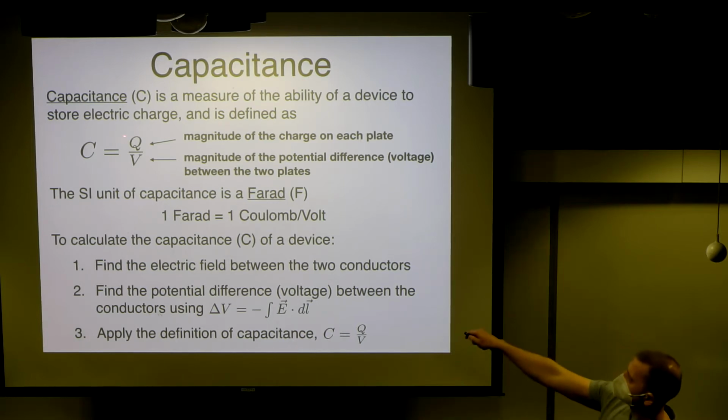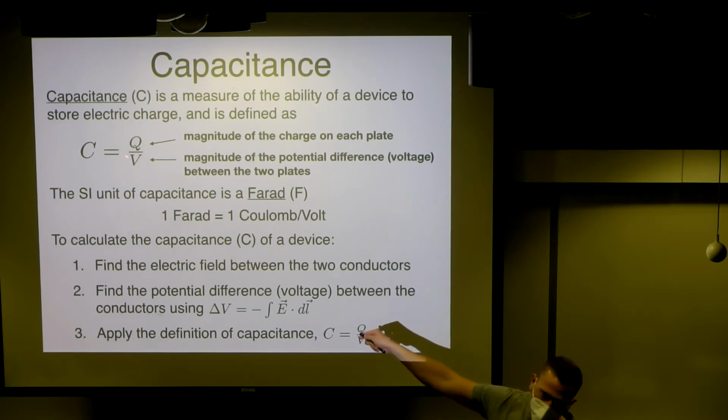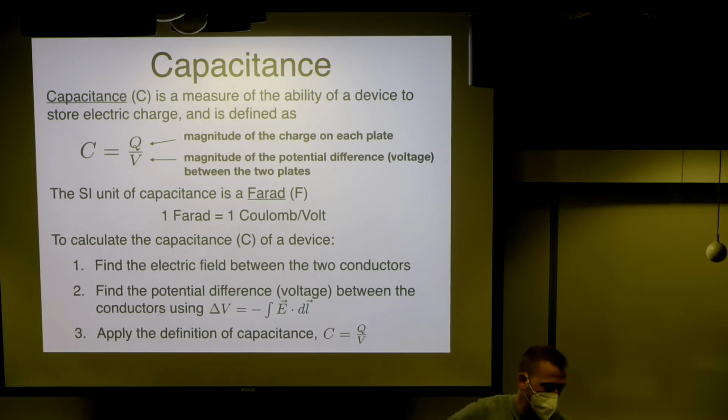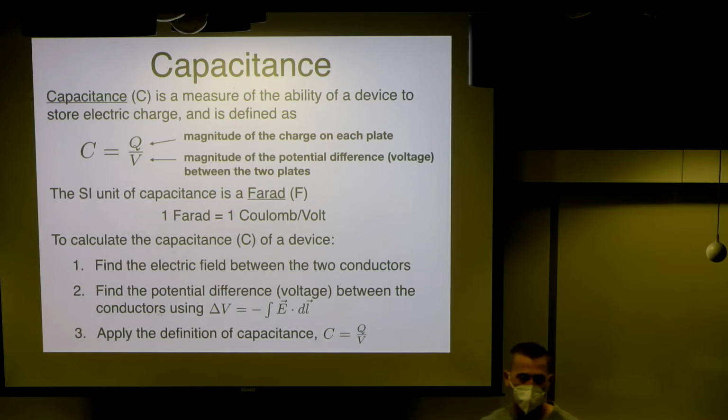So let me ask you this. Q, that's an amount of charge. What is our unit in the SI system for electric charge? That's the Coulomb, right? And then voltage is measured in volts. Pretty straightforward. So our unit for capacitance is some kind of unit of charge divided by some kind of unit of voltage, which is a Coulomb per volt in the SI system.